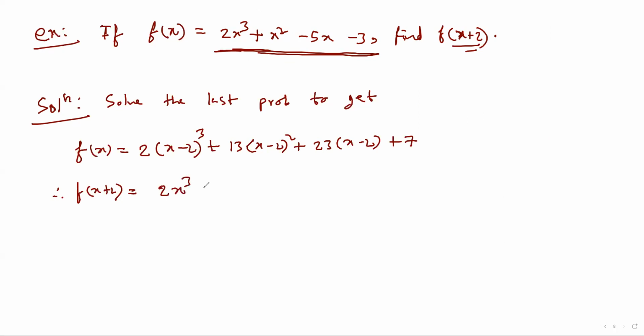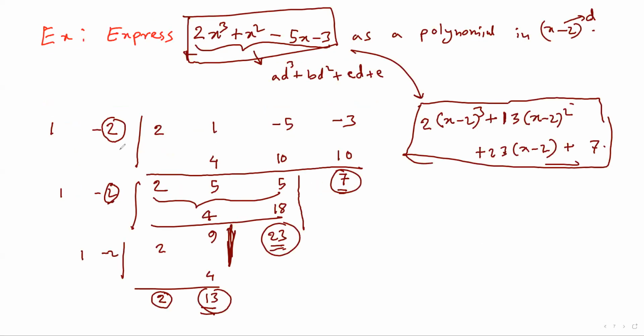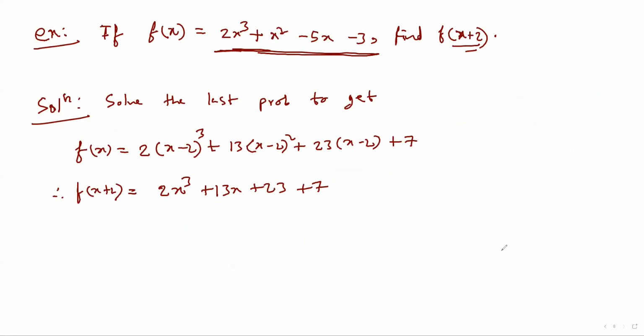It's just 2x cubed plus 13x plus 23 plus 7. So all you had to do is just do the same synthetic division, and that took less than 2 minutes, I think, since we are doing everything by following a pretty fast algorithm. So this is how problems of these kinds can be solved using synthetic division.